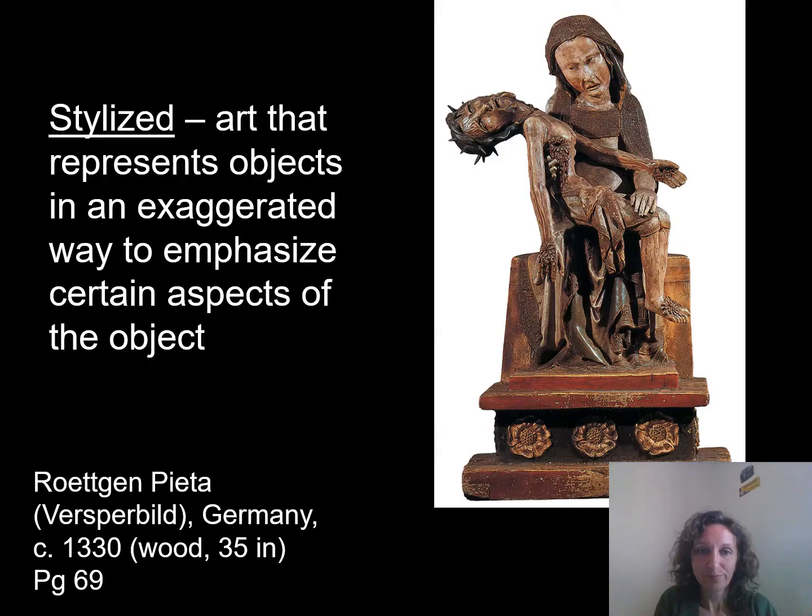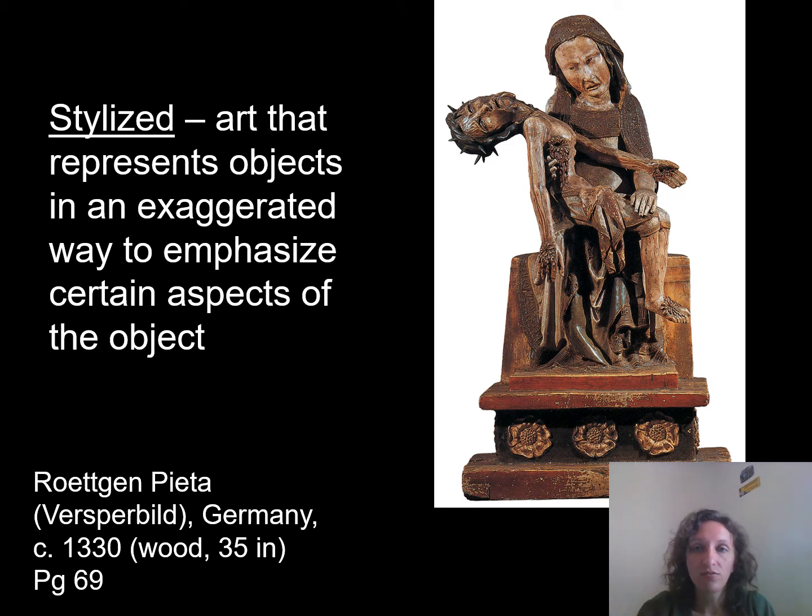All right, the next of the four basic styles of art that we're going to talk about is stylized. This is art that represents objects realistically, but they're exaggerated in a way that emphasizes certain aspects of the object.